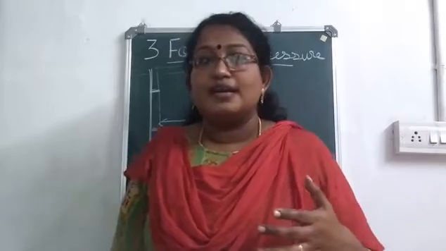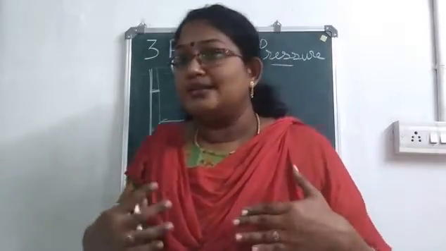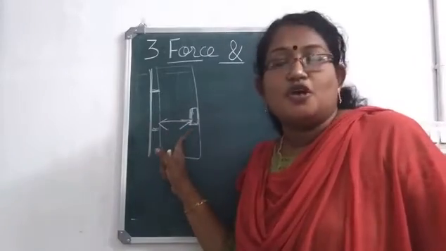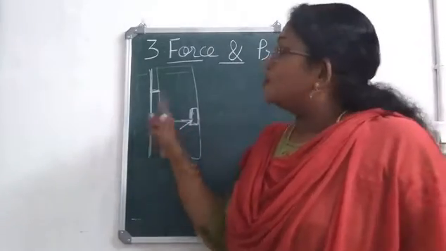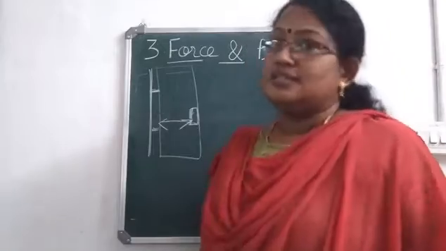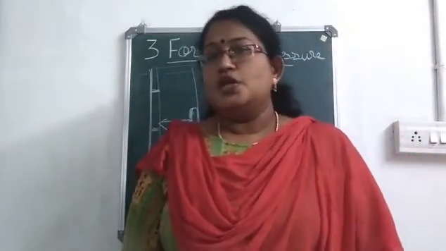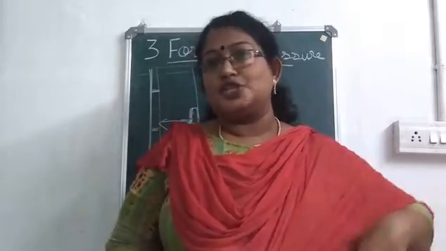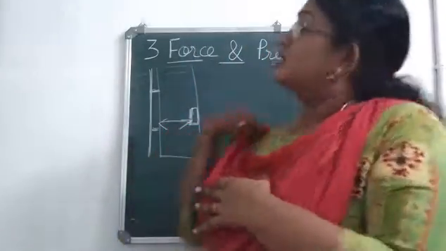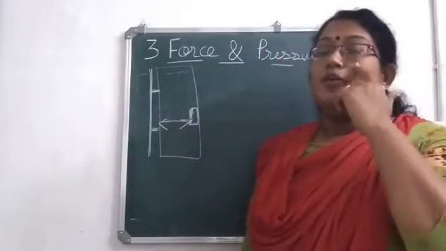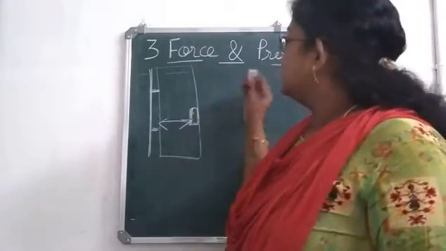Then the second one is the perpendicular distance between the axis of rotation and point of application of force. When you increase this distance, the turning effect produced will be more. Many examples in our day-to-day life can be explained on the basis of moment of force or torque. Now we need the unit.